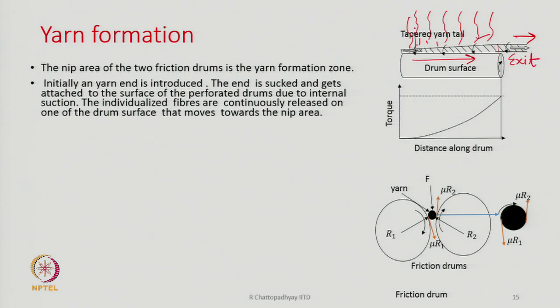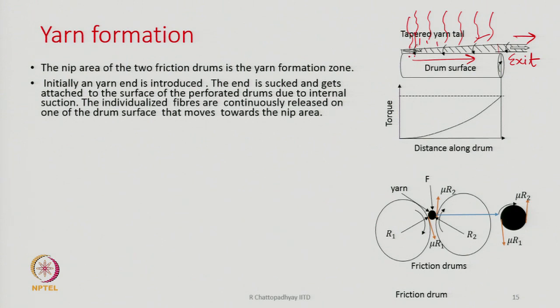Here, whatever fibers are coming and falling, they are always less in number. When this segment goes to the next segment on the right hand side, it receives some more additional fibers. Then that segment also moves towards the right and receives still more fibers.